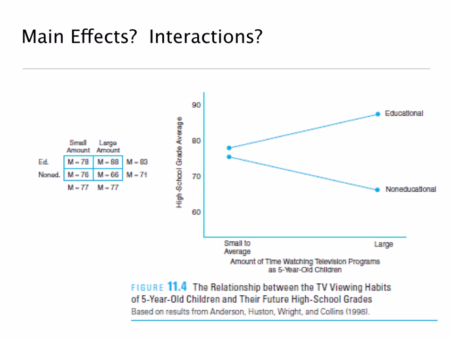If we look at educational versus non-educational programming, we look at the difference of a mean of 83 versus 71 for the type of programming. And what we see is that there is a difference. We again don't know if that's statistically significant, but it appears that there's a main effect of the type of programming on high school performance.